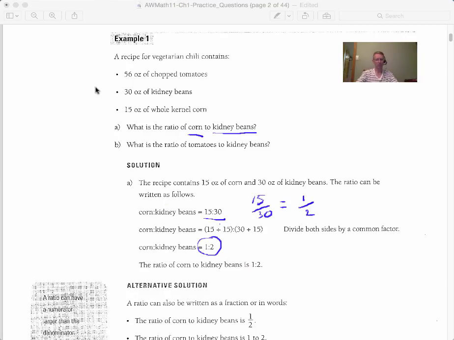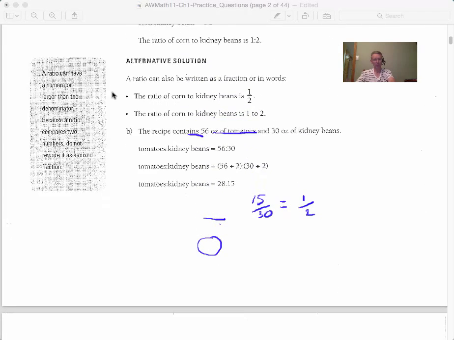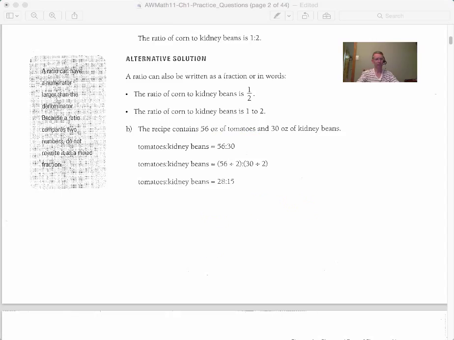Scrolling down, we come to part B, which was talking about the ratio of tomatoes to kidney beans. Tomatoes were 56 ounces, kidney beans were 30, so 56 to 30. Again, you can reduce this ratio.